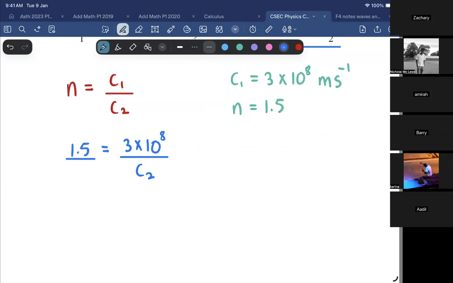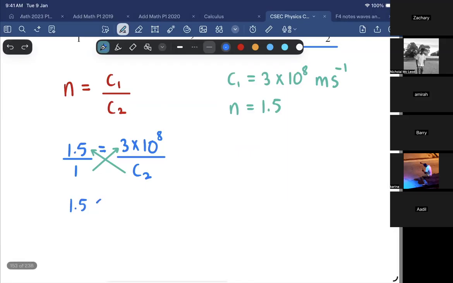Over 1. And I could cross multiply. If I cross multiply, what am I going to end up with? 1.5 by C2 is equal to 3 by 10 to the power 8. And how am I going to find C2? You divide by 1.5 on both sides.